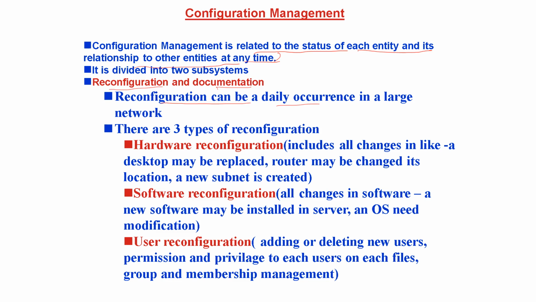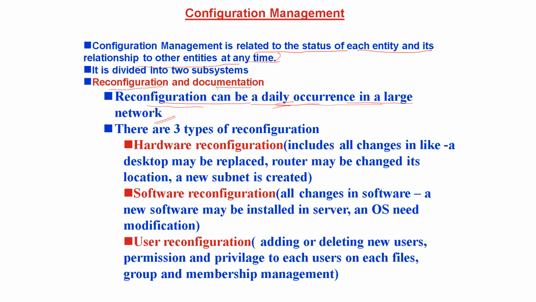Reconfiguration can be a daily occurrence in a large network. That is, whenever the network management wants to add new devices or remove devices, or change the topology of the network or make any kind of modifications, they need to reconfigure the network. So this is one daily activity.